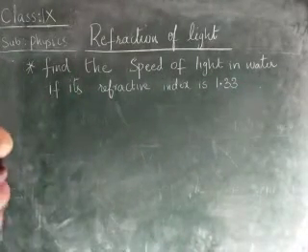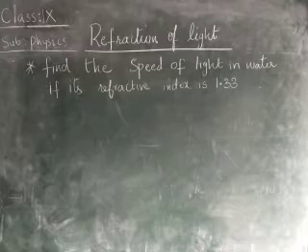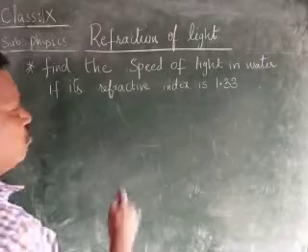The refractive index of water is 1.33. Then find the speed of light in water.